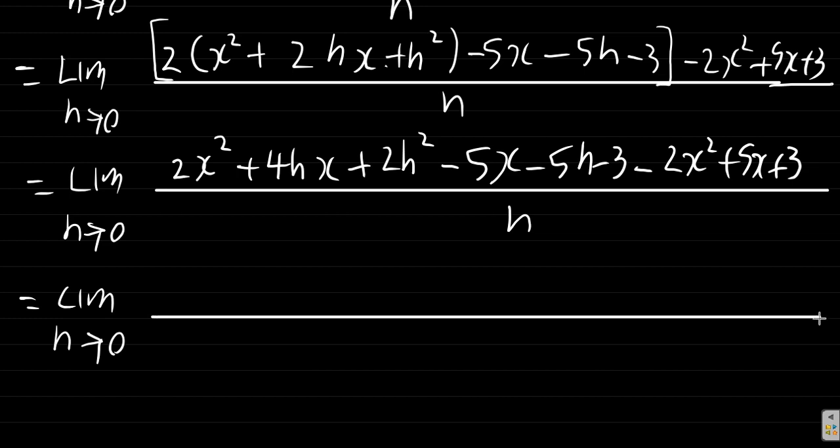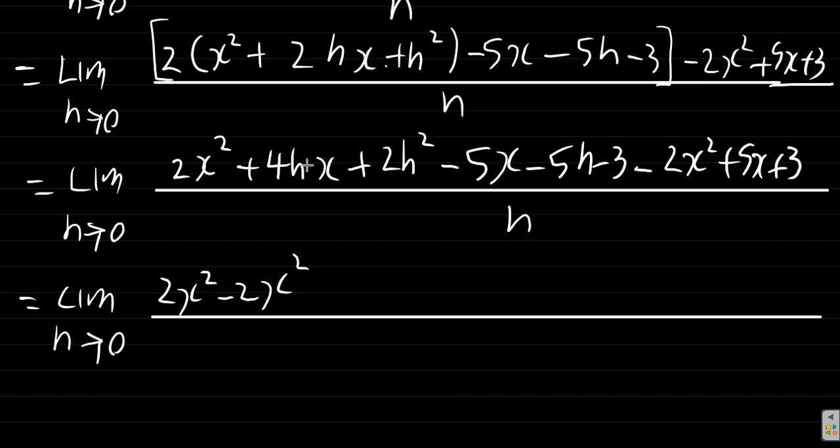Alright, so what happens here now? Let's put the x squares together. We have a 2x squared here. So 2x squared. We have a minus 2x squared here. So we put minus 2x squared. There are no other x squares. What about x's now?